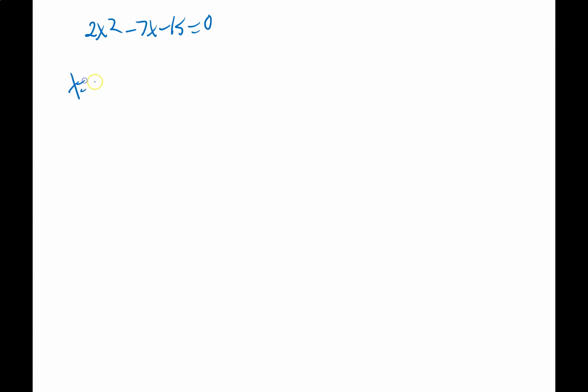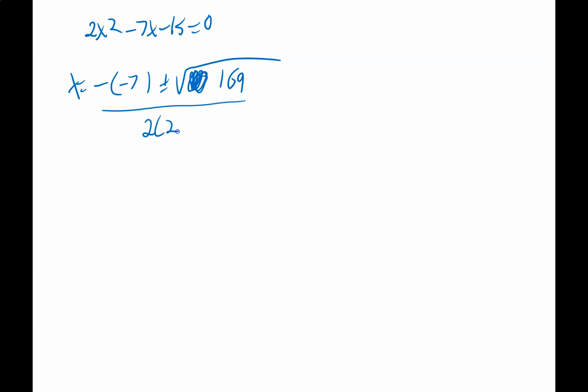So I get x equals negative, b is negative 7, square root of, oh, we already found out that b squared minus 4ac was 169. We already did that, so there's no need to do it again. Negative of negative 7 is 7. Square root of 169 is 13. All over 4 here.